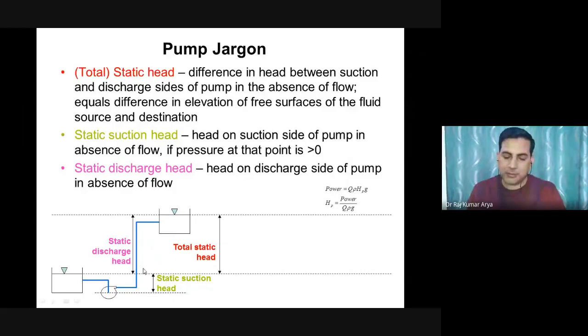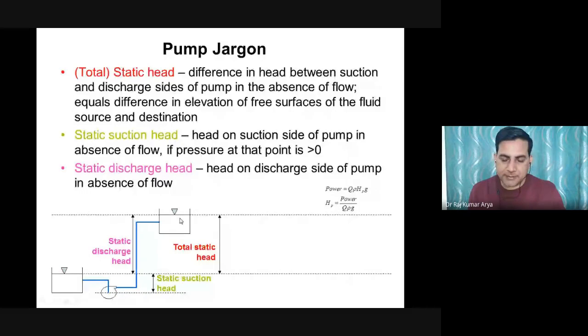At this particular point, you put pump 1, maybe pump 2, pump 3, so that your discharge can be increased. So in parallel connections, you are increasing the discharge of the fluid. In series combinations, you are increasing the total head delivered to the fluid.